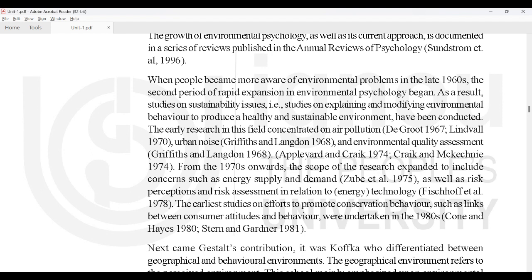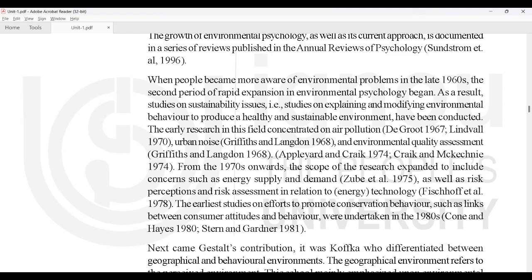When people became more aware of environmental problems in the late 1960s, the second period of rapid expansion in environmental psychology began. As a result, studies on sustainability issues, i.e., studies on explaining and modifying environmental behavior to produce a healthy and sustainable environment, have been conducted.